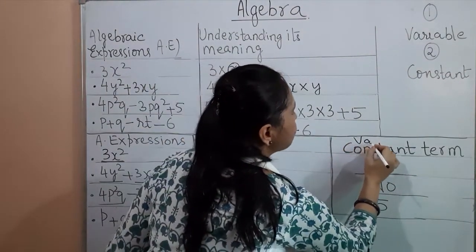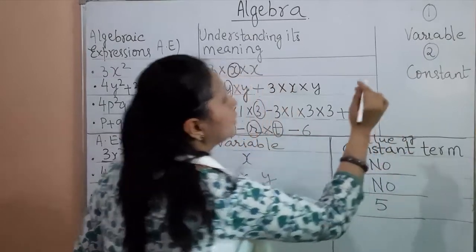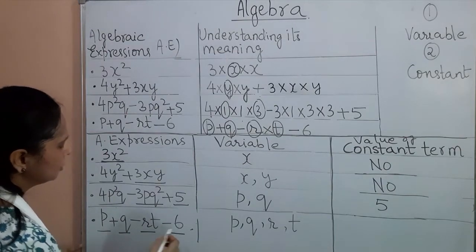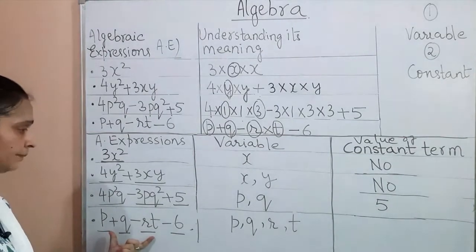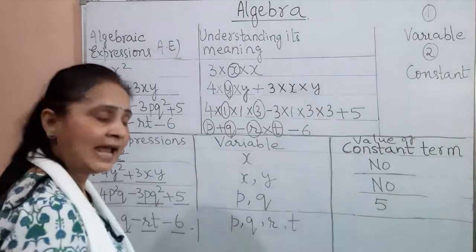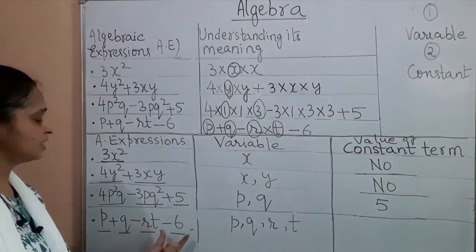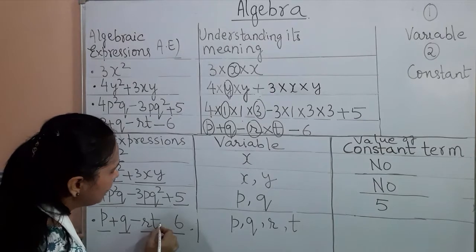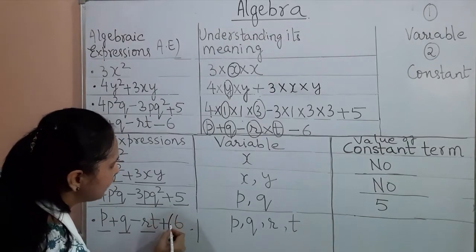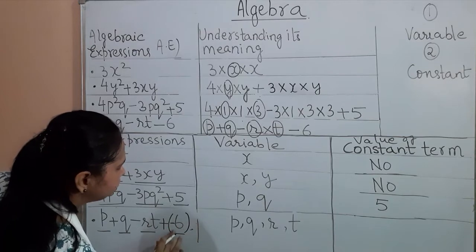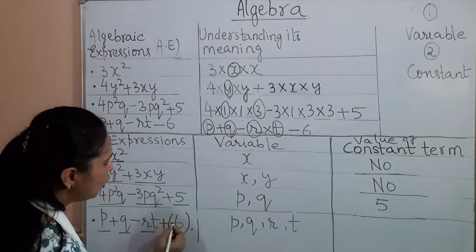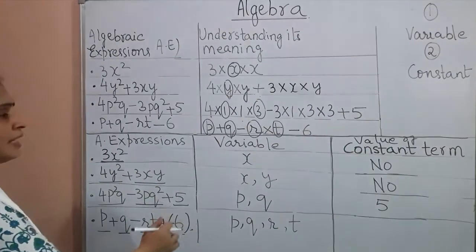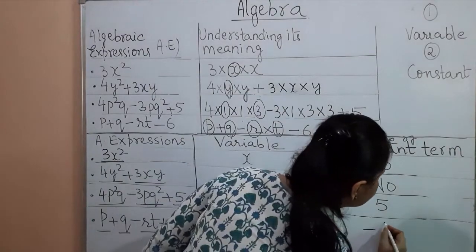Now here we can see we have 4 terms, and 3 terms are depending on the values of p, q, r and t, but the last term is fixed. It is not depending on any variable, and we also know that it is separated by a plus sign. So we write it like this. That means what is the constant term? The 4th term is the constant term, and the value of that constant term is -6.